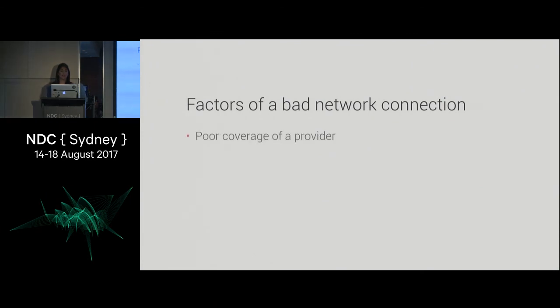It could be poor coverage of a provider, for example. It could be extreme weather conditions. If there's a thunderstorm, for example, the internet connection could just go for like minutes or hours sometimes. It could be power outages. And it could also be traveling into dead zones. And this could happen anywhere. If we're traveling in the metro, sometimes the internet doesn't really work there.